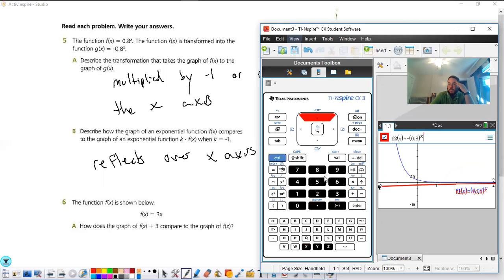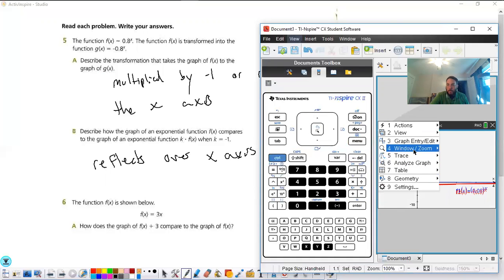So notice where they put our negative. Here we want to have the negative in front. Or no, we were right before, because we're taking the whole function, right? And we put our negative in front. So we have it there. Let's change our window.